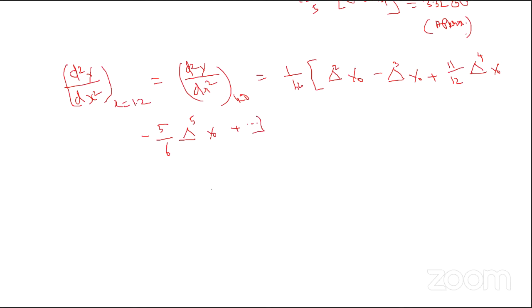Substituting the corresponding values from the table, we obtain d square y by dx square at x equal to 1.2 equals 1 by h square, that means 1 by 0.2 whole square.